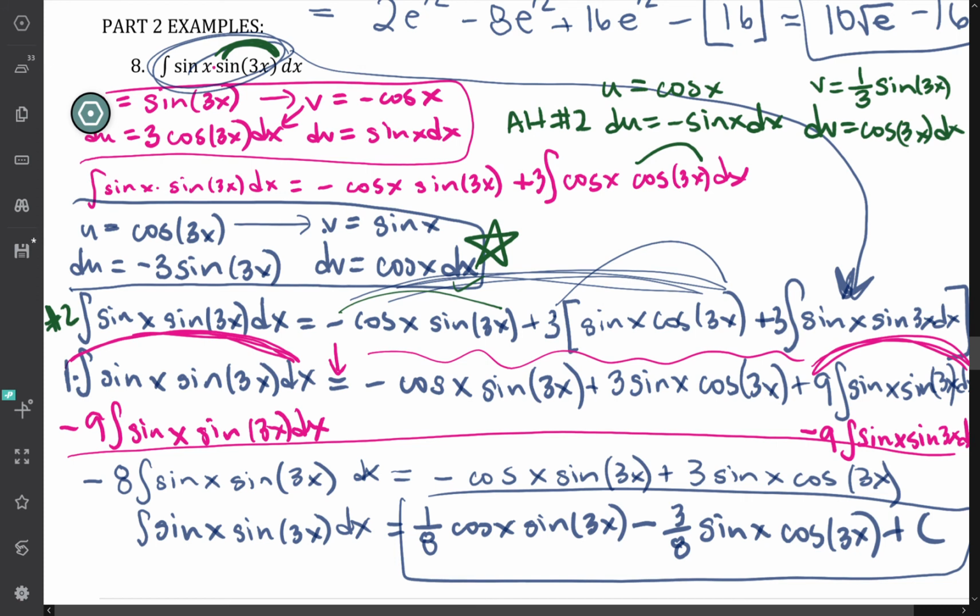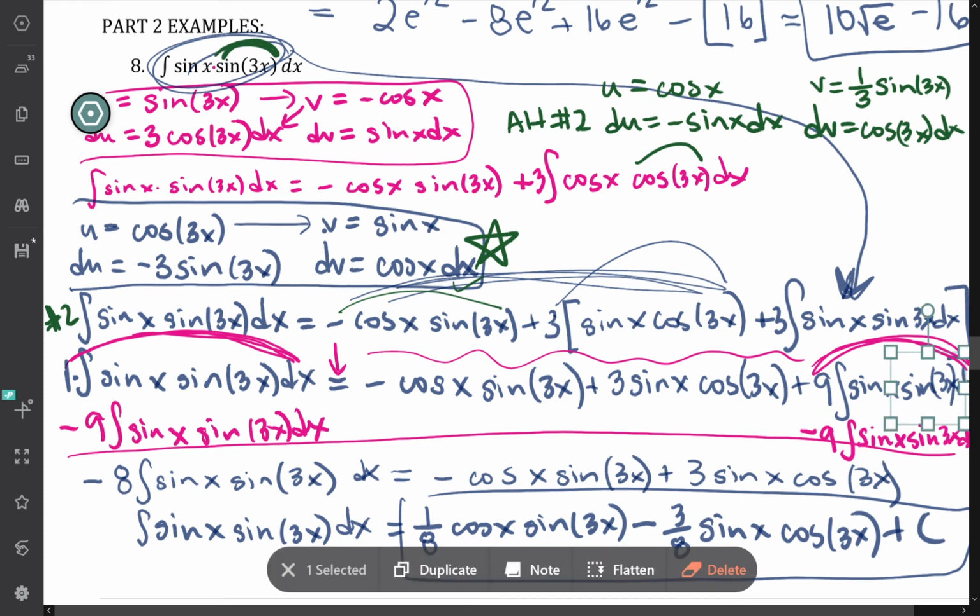But in the parentheses, we would have u times v, so we would have 1/3 cosine x sine 3x minus the integral of v du, so that's going to be a plus because of the du being negative. I'm going to use the 1/3 out in front, and then I'll have a sine x sine 3x dx. And this is all inside the brackets, so we'll still have to multiply it by 3.